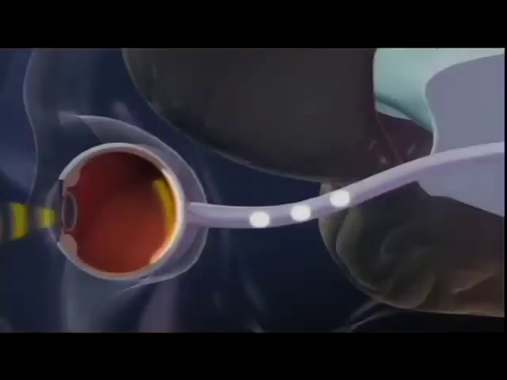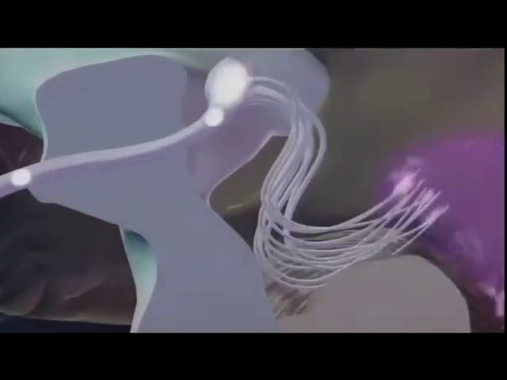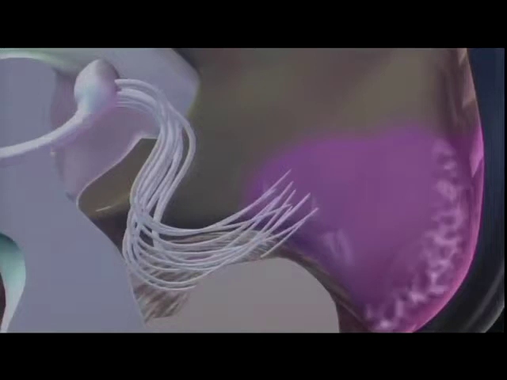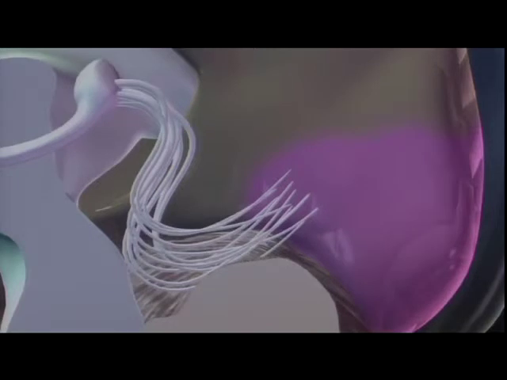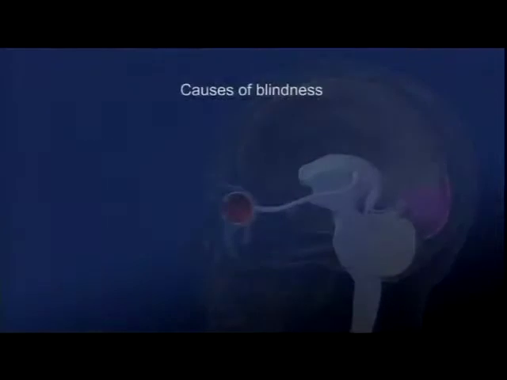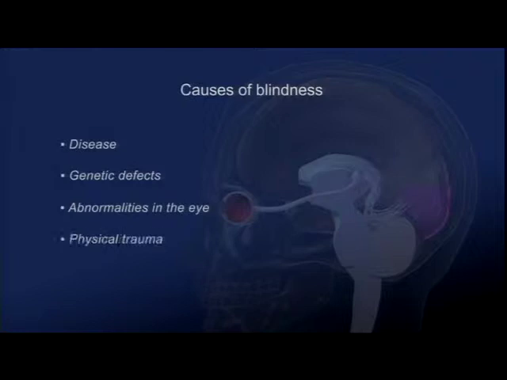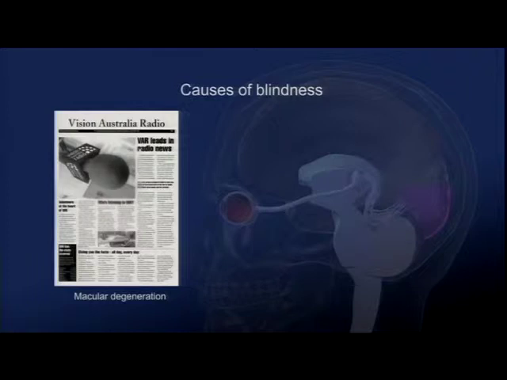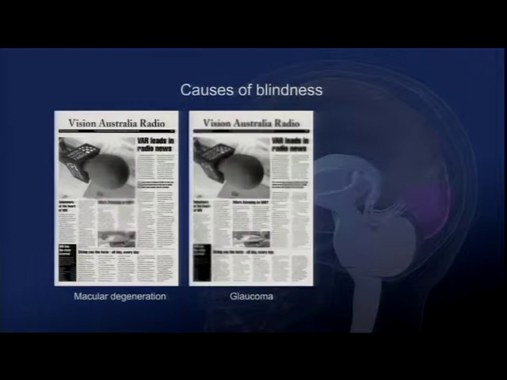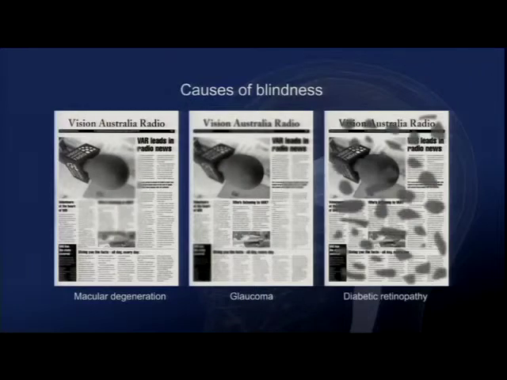These cells form the optic nerve that runs into the brain to arrive at the primary visual cortex. The primary visual cortex starts the processes which allow us to interpret light as images, which form our vision. If parts of this pathway don't function properly, a person can become vision impaired or blind. This vision loss can be due to a disease, genetic defects, abnormalities of the eye, or physical trauma. Some of the causes of untreatable blindness include macular degeneration, glaucoma, and diabetic retinopathy, amongst others.